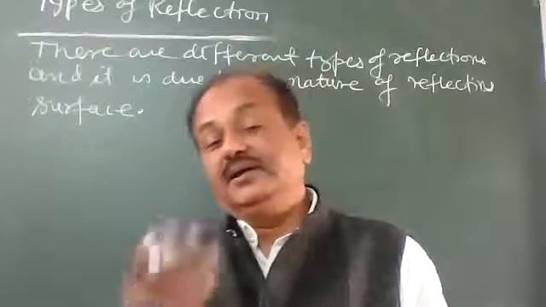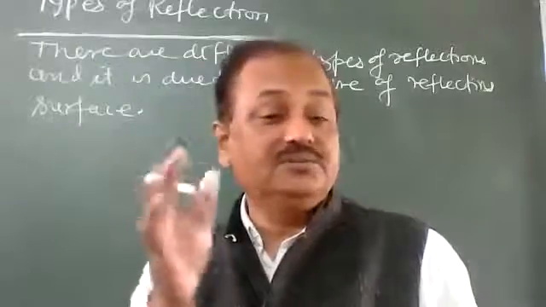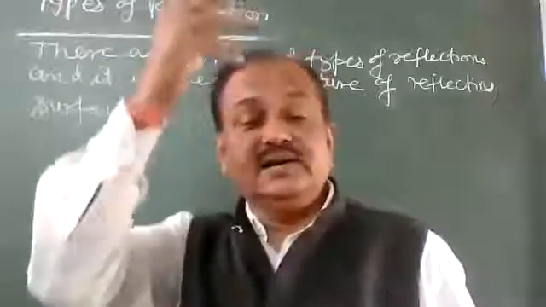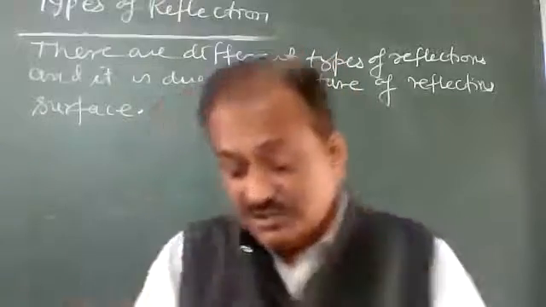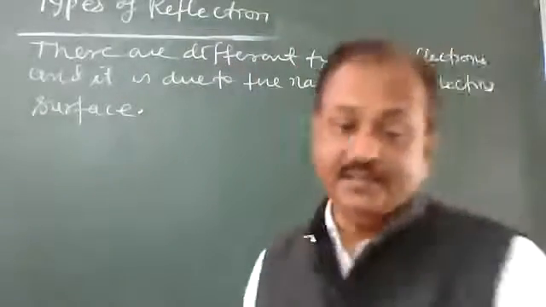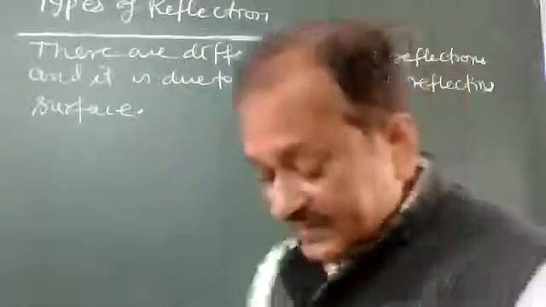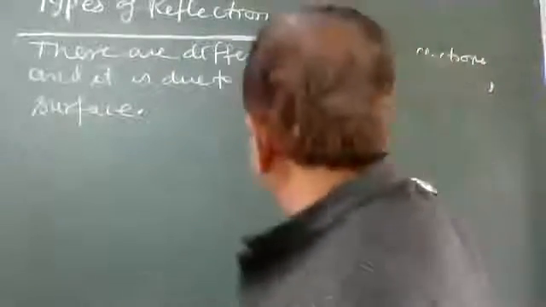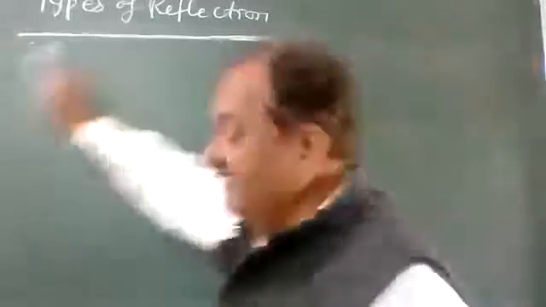They are designed in such a manner that the ears, nose, the face becomes elongated, the nose becomes longer. So multiple effects can be there. In this condition, first I'm going to explain about regular reflection.